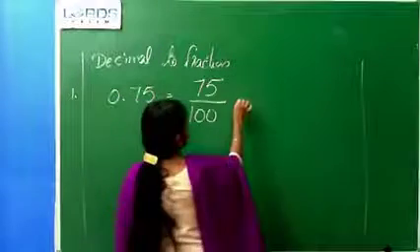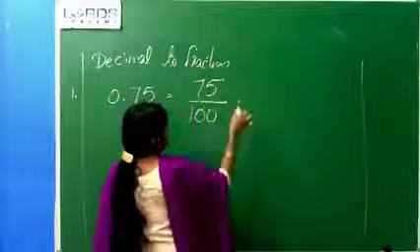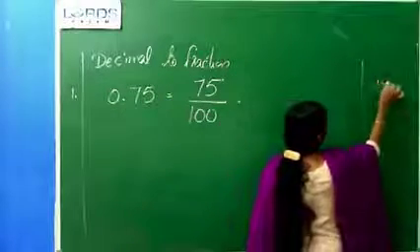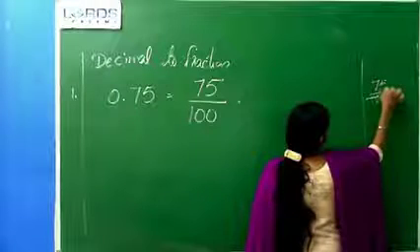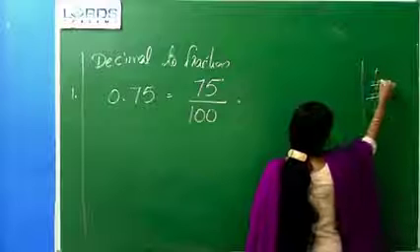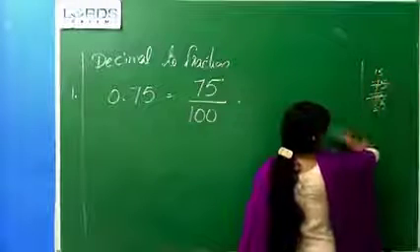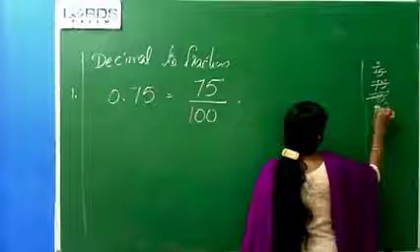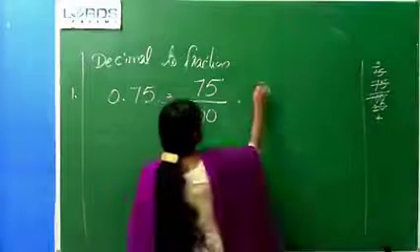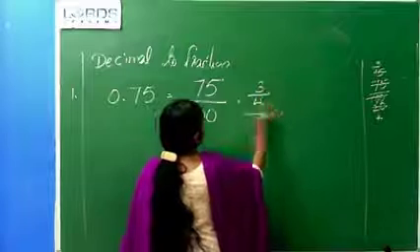How we can convert this into the lowest terms? So that we can do it in the working column. That will be more good. 75 by 100 with the 5, 20, again with the 5, we got 3 by 4. So the answer is 3 by 4.